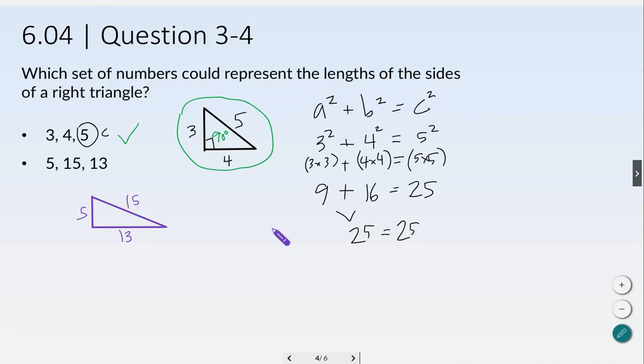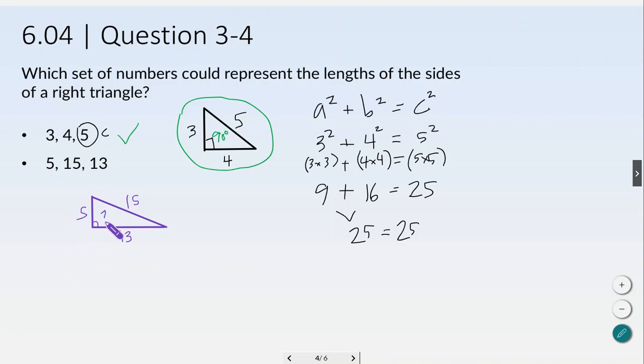So again, we're putting it into the formula. We're going to see if it works and evaluate if this in fact is a right triangle. So here we go. So A squared, that's my 5 is my A. Again, I'm choosing, A and B sides are interchangeable.